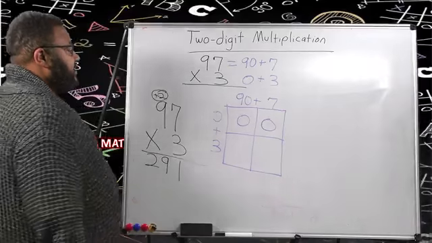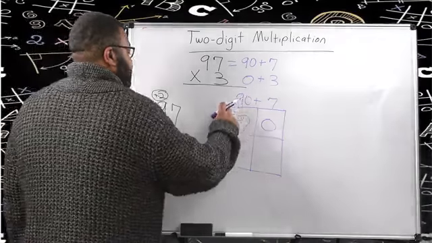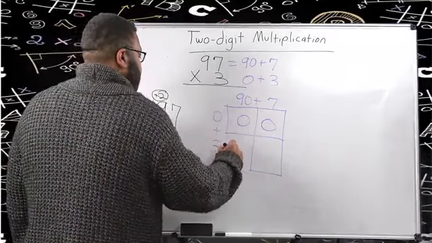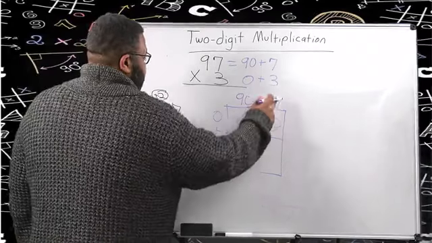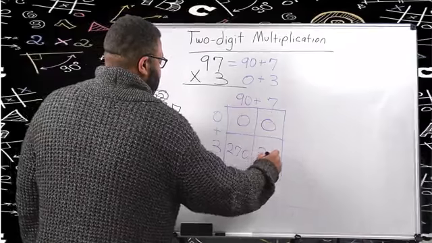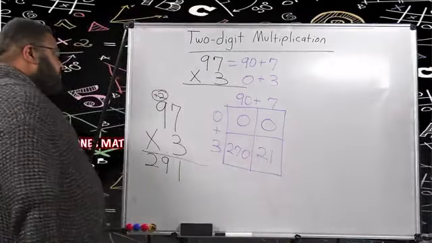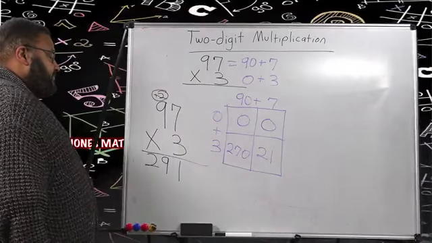All right, let's come down here. 9 times 3 is 27, and I add a 0. And 7 times 3 we know is 21. That look familiar? Yep.